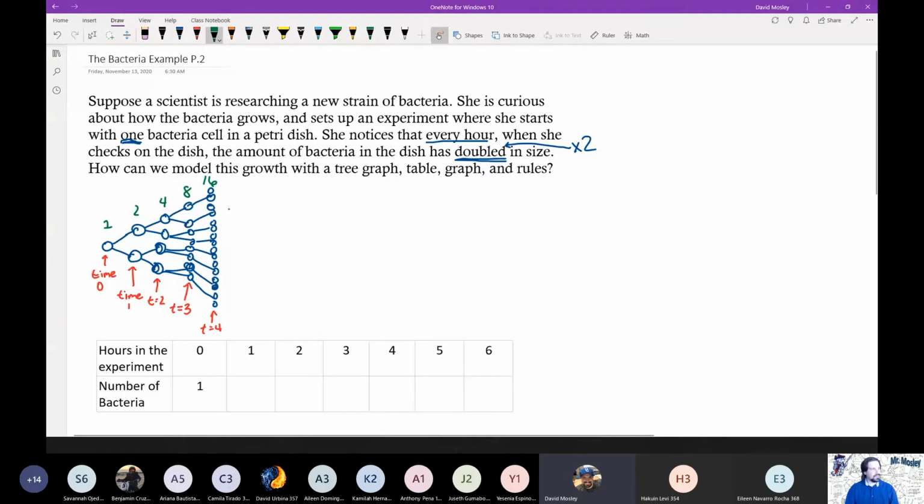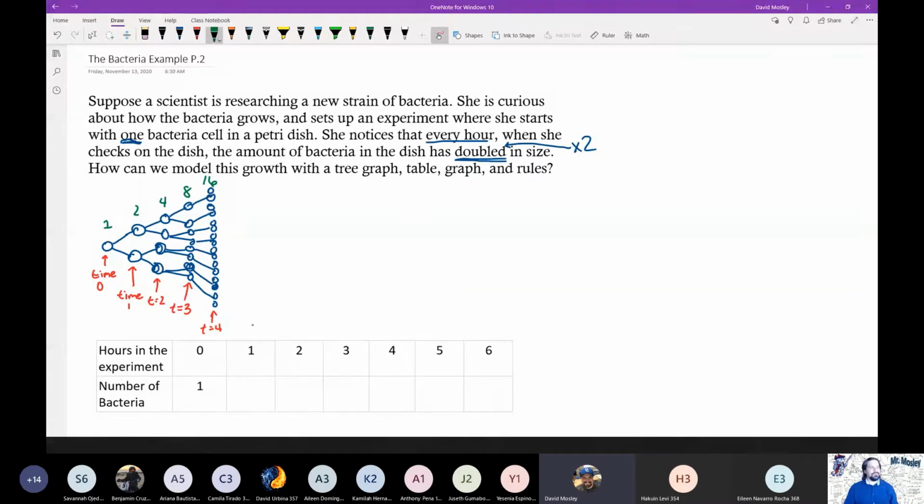And this again is following our pattern of just multiplying by 2 each step along the way. Okay, so this is our little tree diagram, a tree graph. Again, visually, it allows us to see that growth. We can count if we need to. We can see the pattern a little more straightforward.